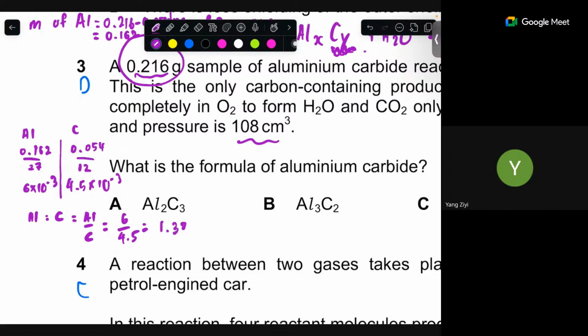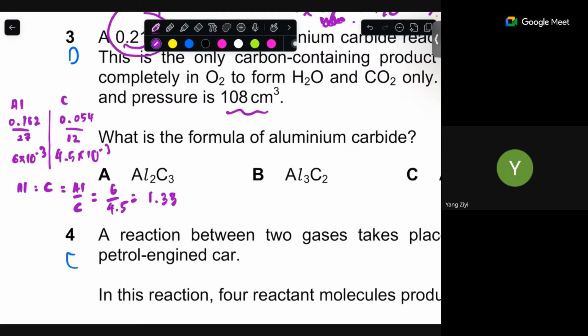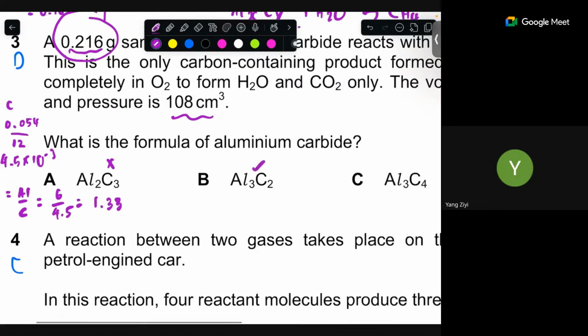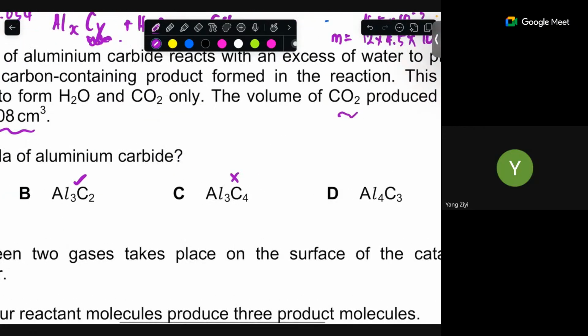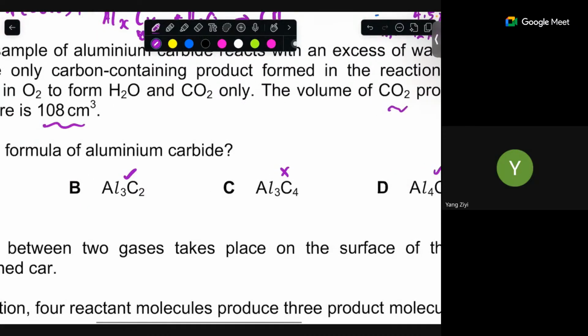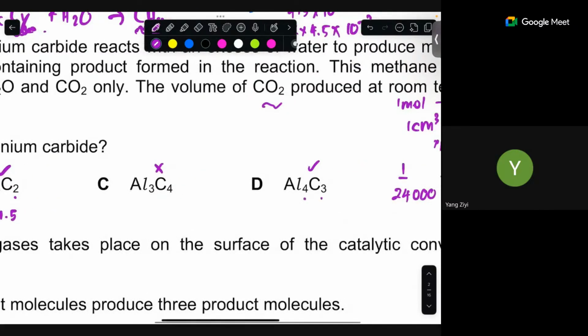So it means that there is more aluminium than carbon, so this one will not be the answer. Possible answers: 3 divided by 2 is 1.5. 4 divided by 3 is 1.333. So therefore, the answer is E.